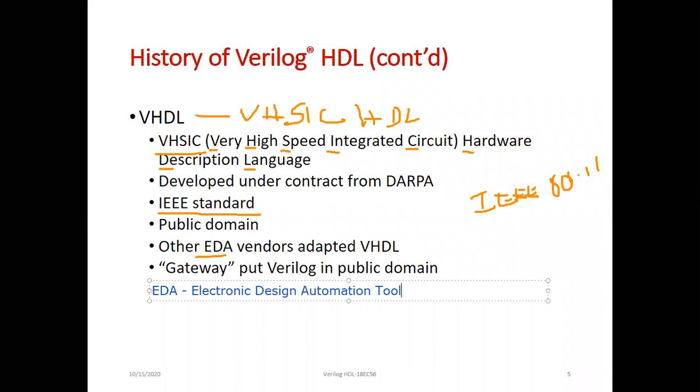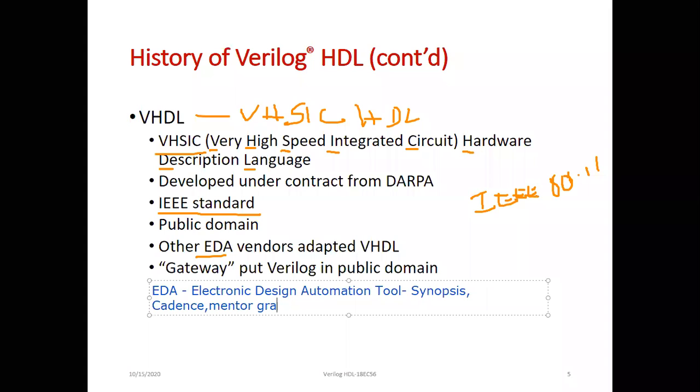Which are the companies I said? Synopsys, Cadence, Mentor Graphics, then Xilinx, etc. These are the companies that adopted the VHDL language. Now, Gateway put Verilog in the public domain during the year 1987 itself.